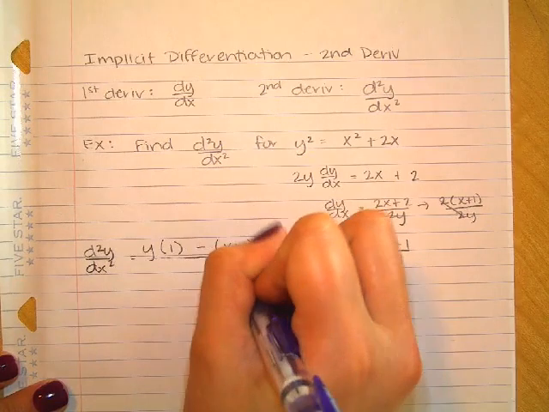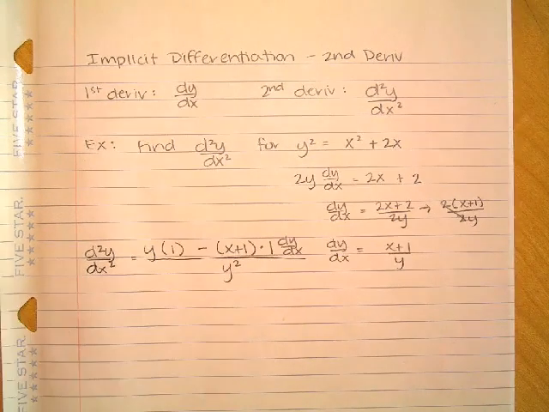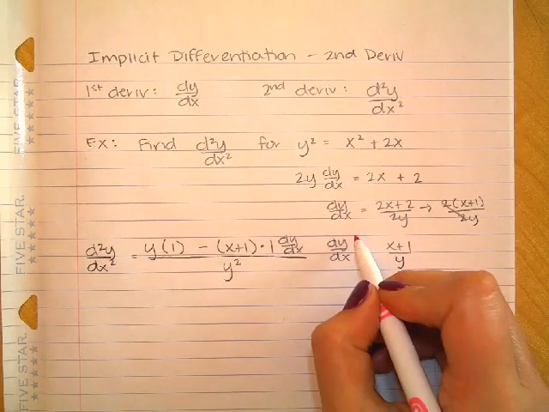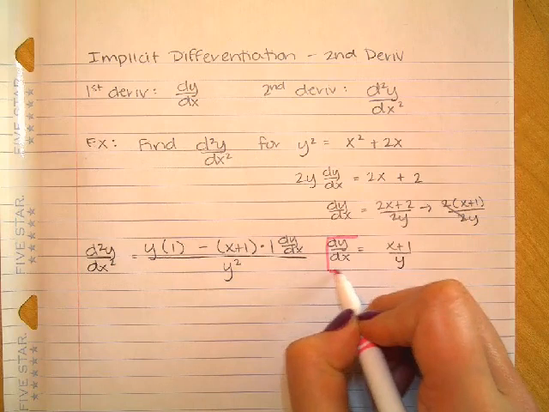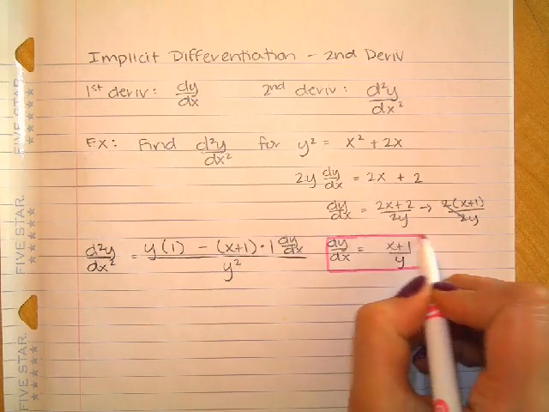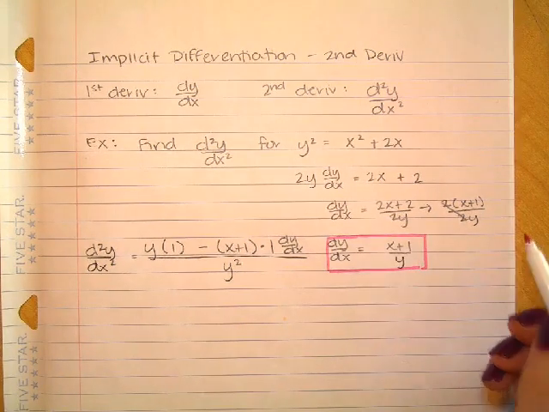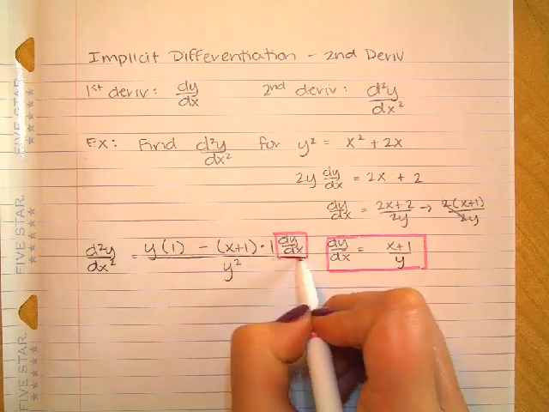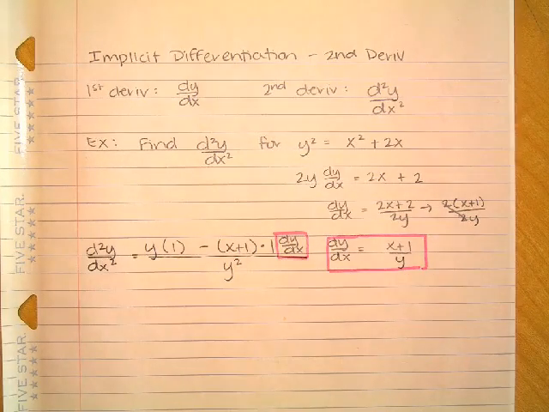the bottom squared. Okay, so I have a little bit of cleaning up to do, and one thing that we need to do before we go much further is I can see that my first derivative is (x plus 1) over y, and that first derivative shows up inside the second derivative.